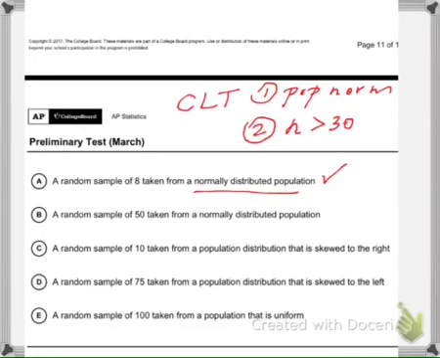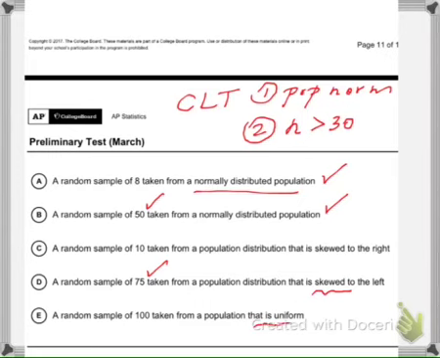By the way, that word approximately important to keep in there. It turns out, well, let's see, B, random sample of 50. Here we've got both. We've got a large enough sample size and we've got a bell-shaped population. So we're good. Let's take a look at D and see why that's okay. The population is skewed, so we're a little bit worried there, but we've got big enough sample size.